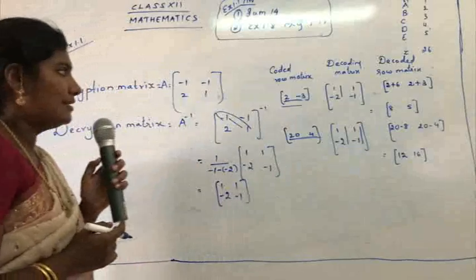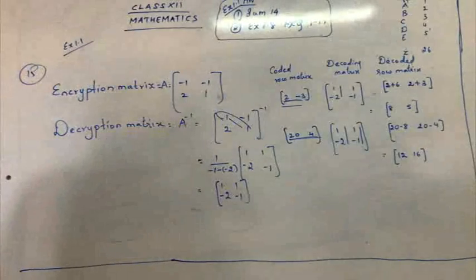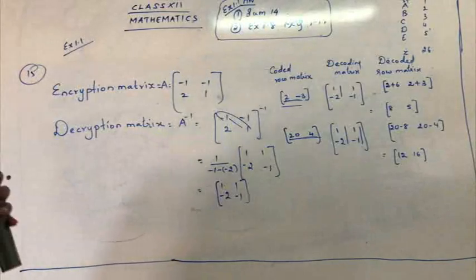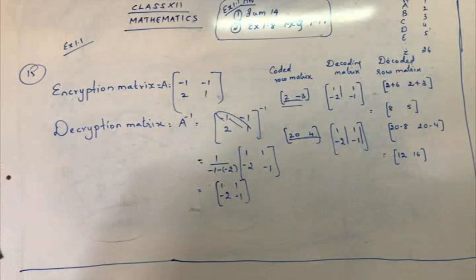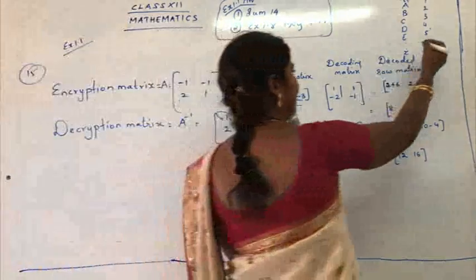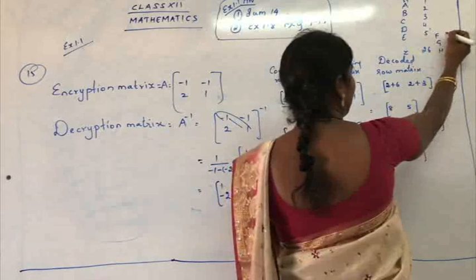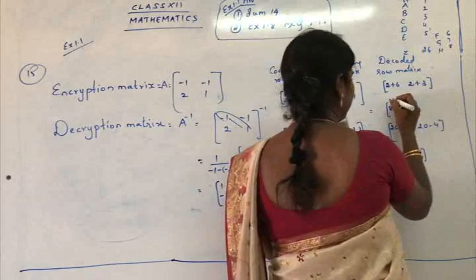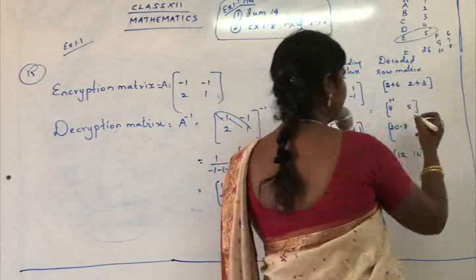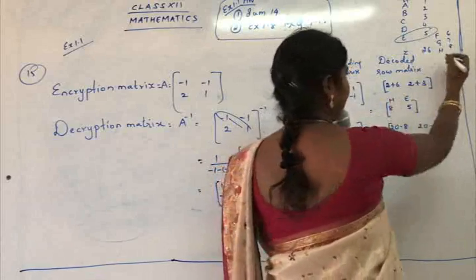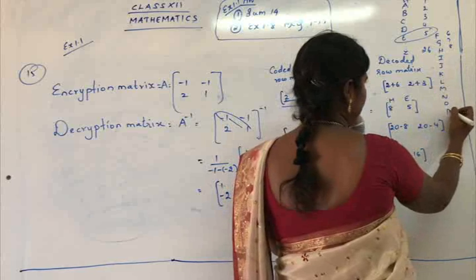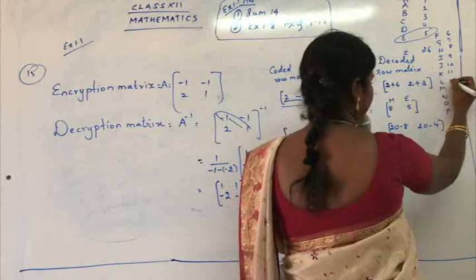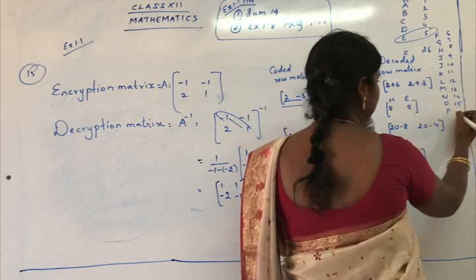Now let's see what letters 8, 5, 12, 16 stand for, and what message we get from this. Just tell me, what is the respective alphabet for 8, children? Yes, it's H: 5, 6, 7, 8. For 5, the corresponding alphabet is E. For 12: 9, 10, 11, 12, 13, 14, 15, 16.